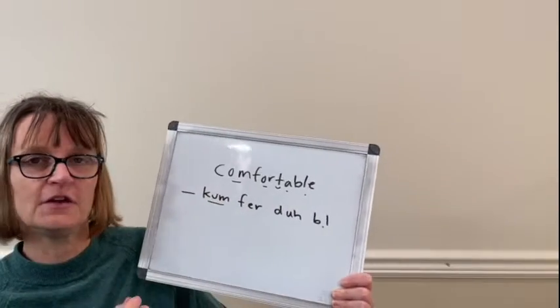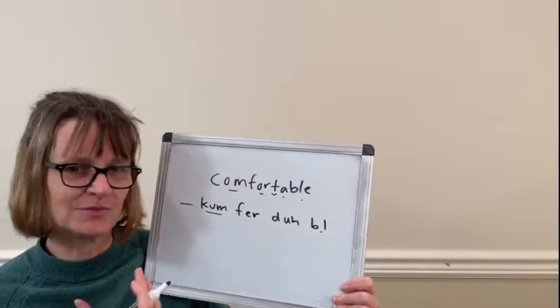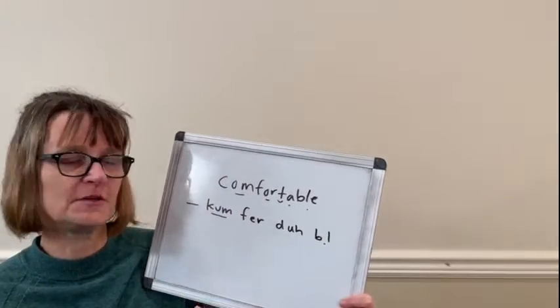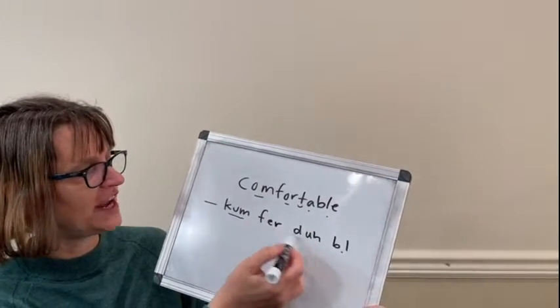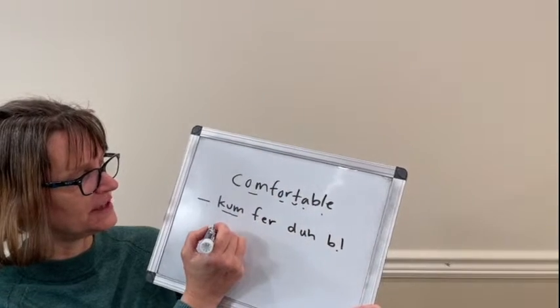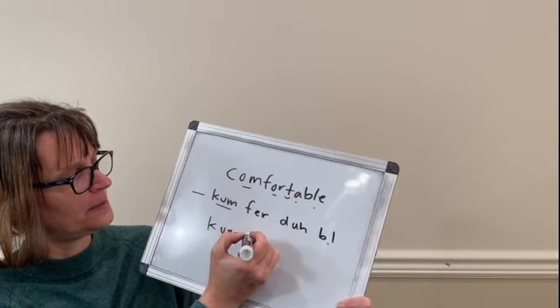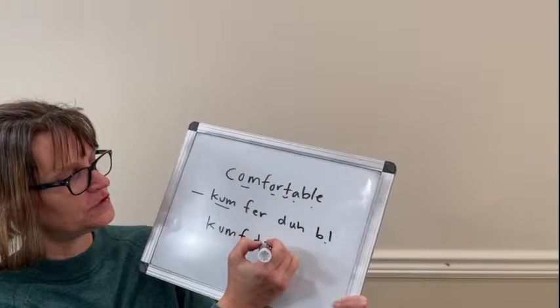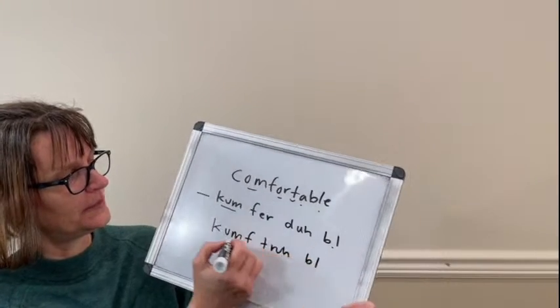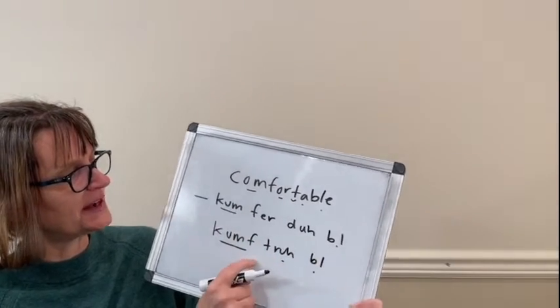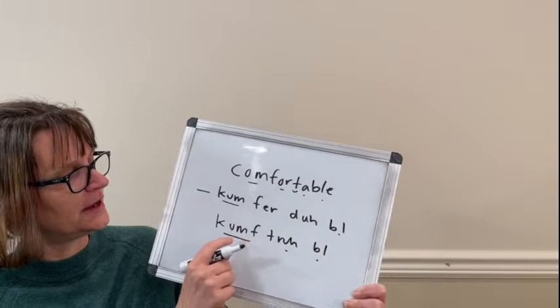But you'll often hear that native speakers don't say all four syllables there. They end up changing the order of the sounds. It sounds more like comftable, still first syllable stress, but now comftra.